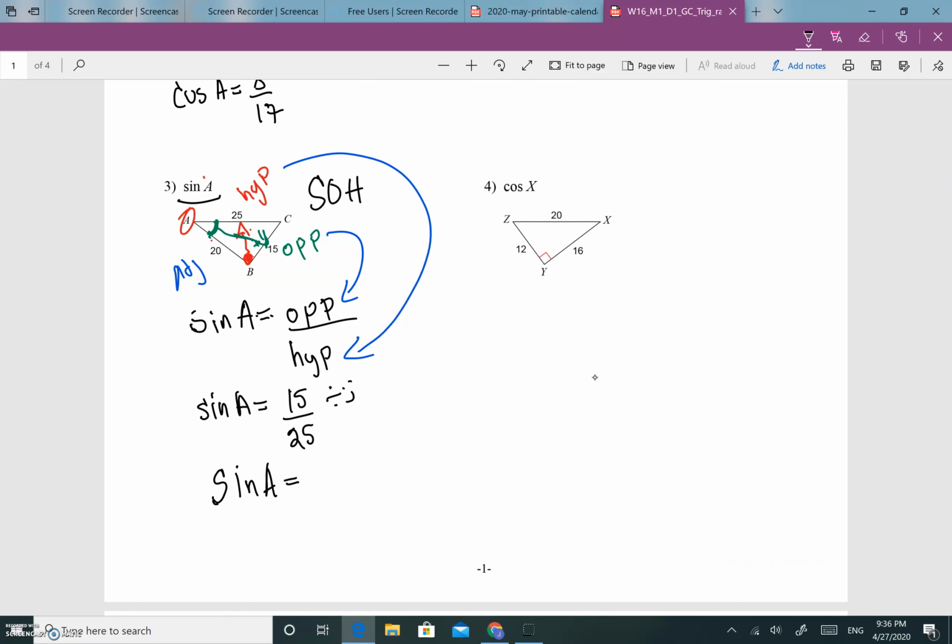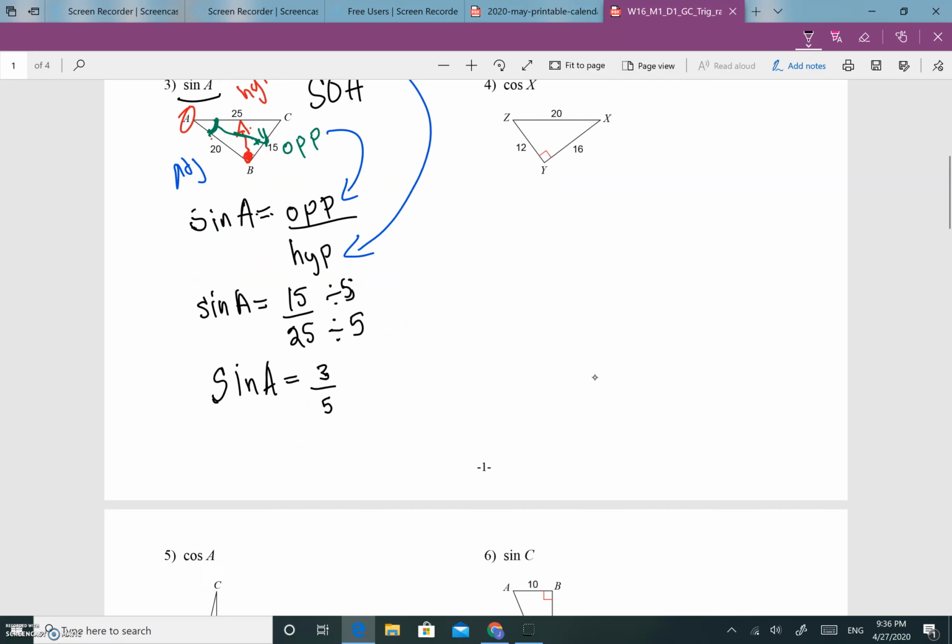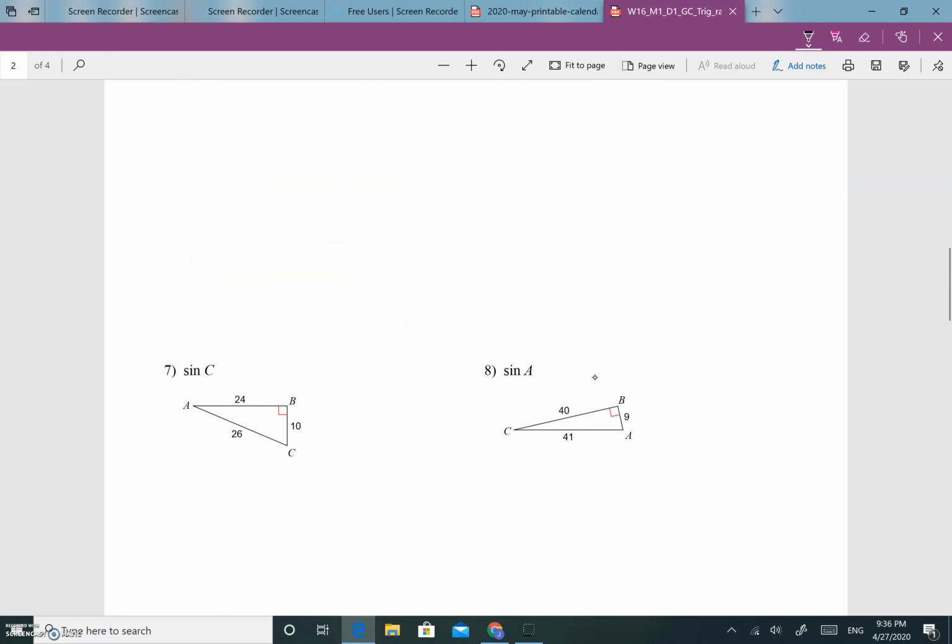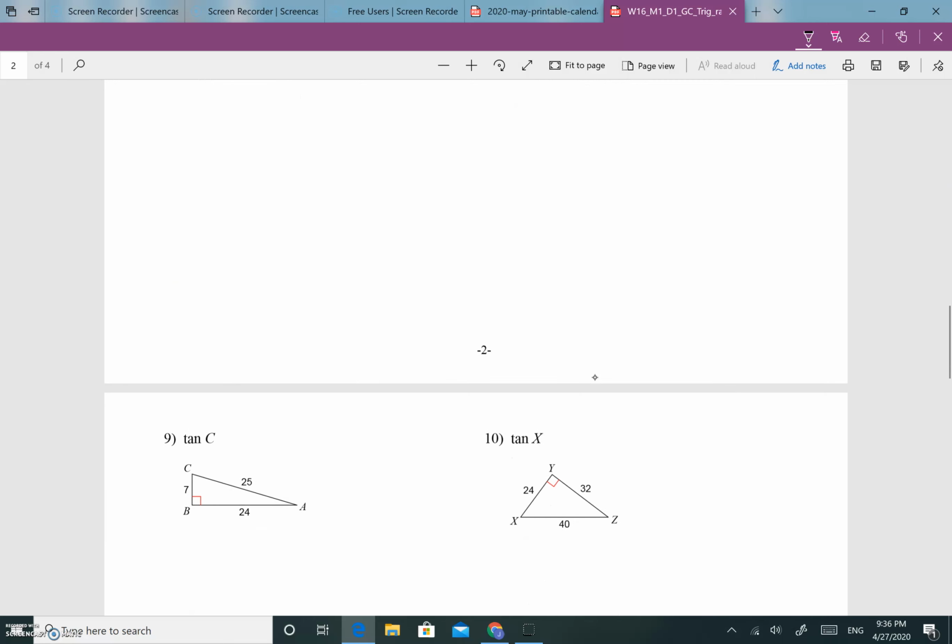And the bottom one divided by 5. So 15 divided by 5 is 3, and the denominator is going to be 5. So my two answers are 3 and 5. 3 is going to be my numerator, and 5 is going to be my denominator. Alright, so hopefully this makes sense.